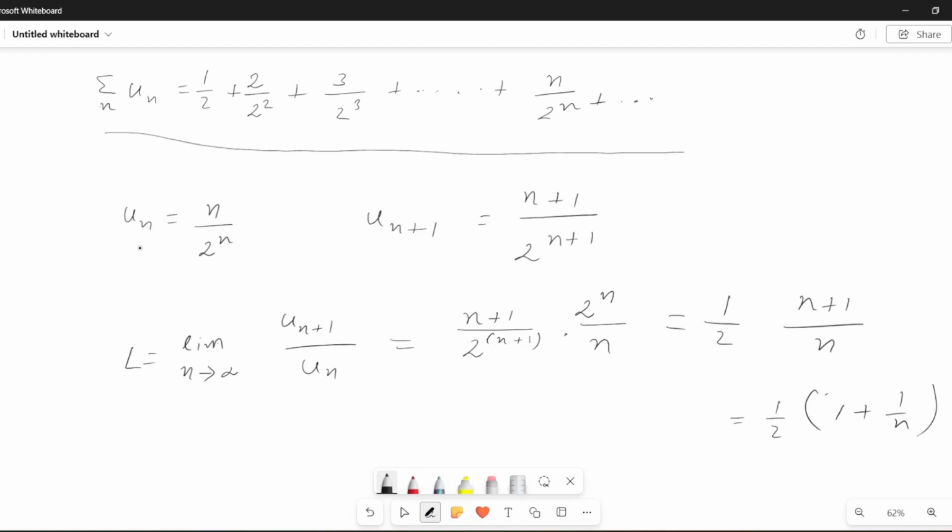Now as n tends to infinity, the term 1 by n tends to 0. So the limit we get is 1 by 2, which is less than 1, so the series is convergent.